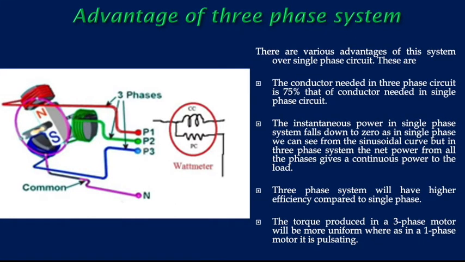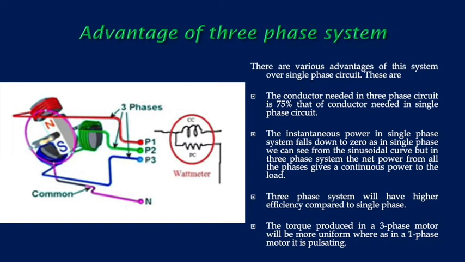Next, the instantaneous power in a single-phase system falls down to zero, as we can see from the sinusoidal curve, but in a three-phase system, the net power from all the phases gives a continuous power to the load. A three-phase system will have higher efficiency compared to single phase. The torque produced in a three-phase motor will be more uniform, whereas in a single-phase motor it is pulsating.